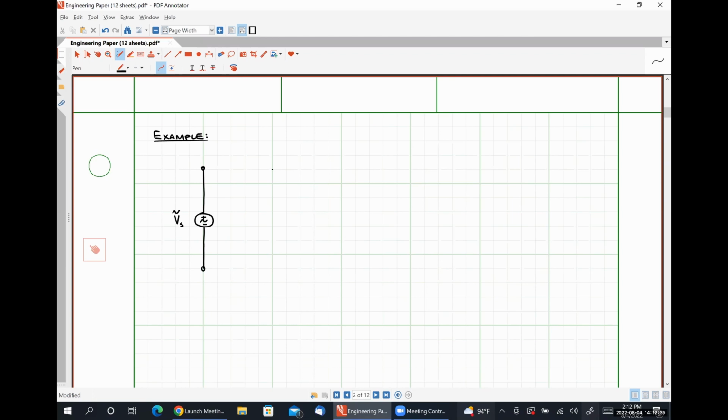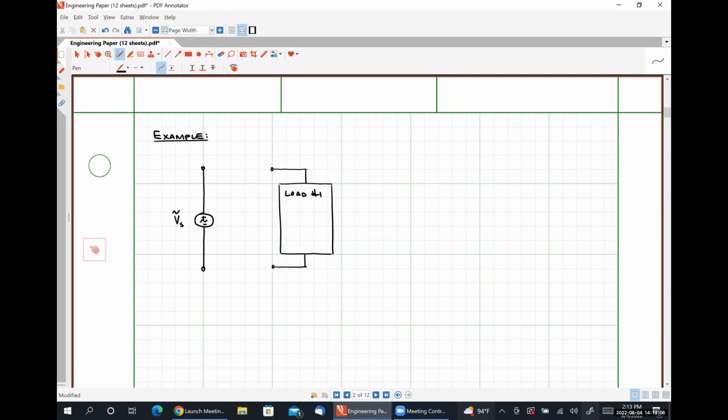And I'm going to put the loads over here. But instead of specifying them by their impedance or something like that, we're going to look at how they would be specified from an industrial standpoint.